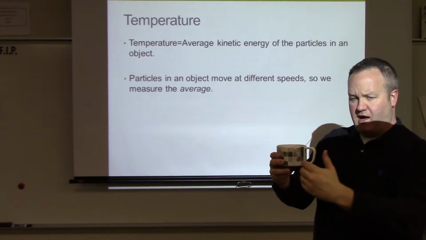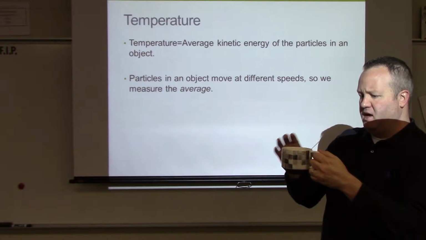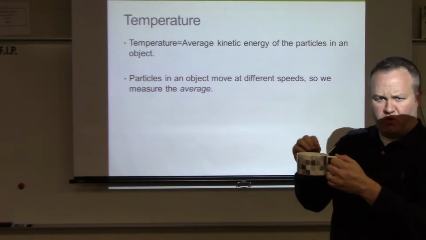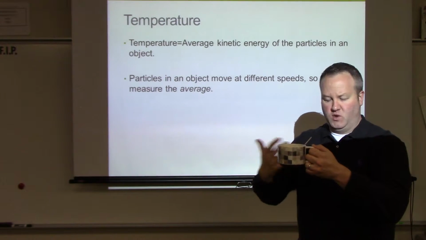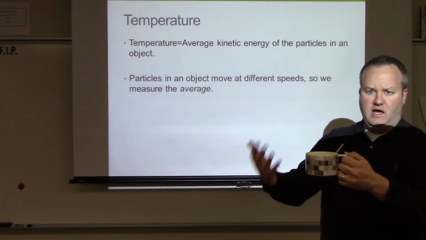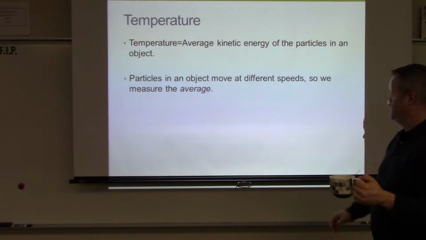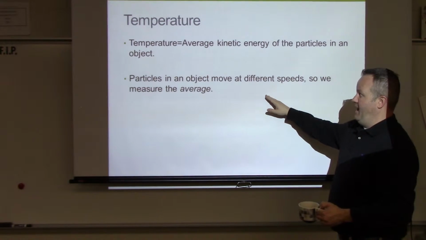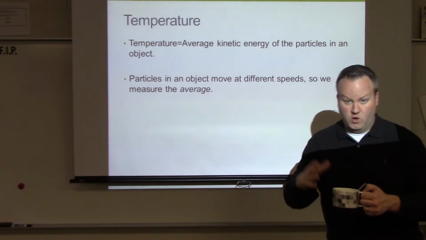And if they're hot, they're moving faster. If they're cold, they're moving slower. But the idea is each particle is moving at a unique speed. But the overall average is what I'm concerned about when I look at temperature and being able to describe that to someone else. So again, that's the average kinetic energy of the particles in the substance or an object.